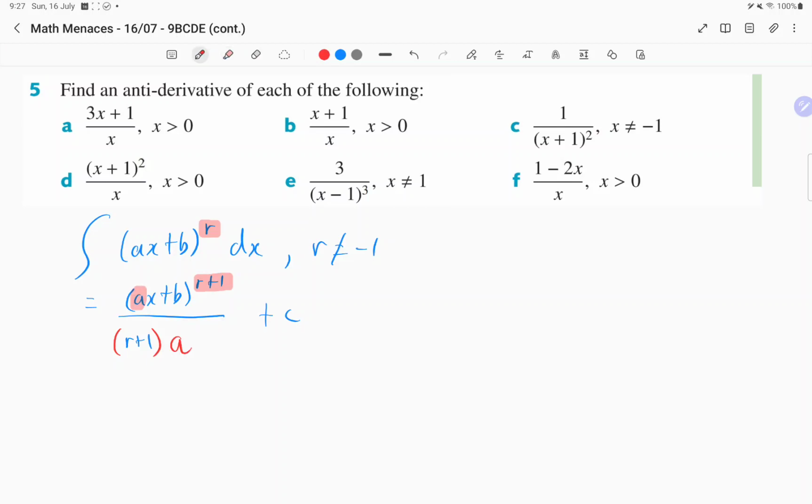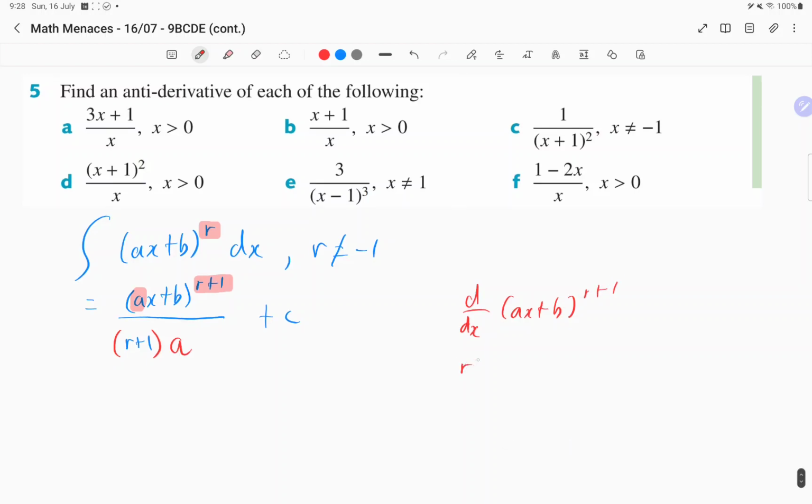Why? Because when you derive something that looks like ax plus b to the power r plus 1, first you times the power down, so you get r plus 1, and then you derive what's inside, and then you got a. And then you times by the ax plus b, and you drop the power by 1. But you see, there are 2 factors here.